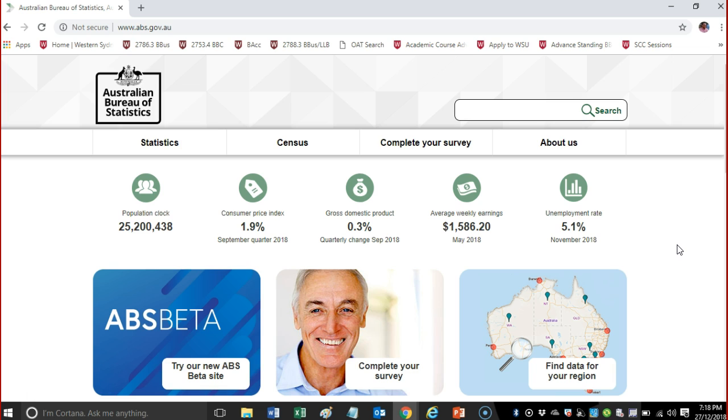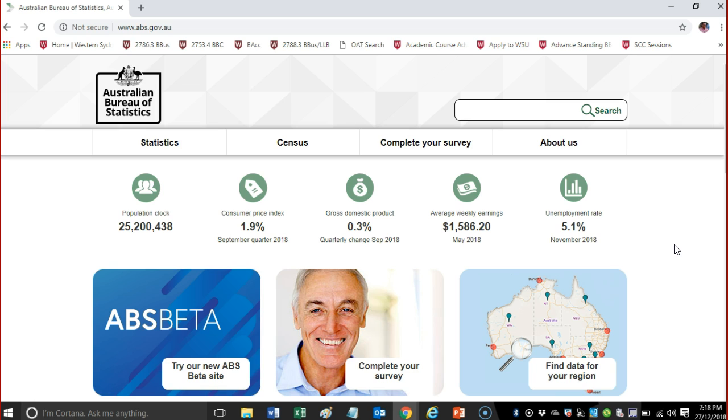But for now, the latest data shows that it's 5.1, meaning that of the labour force, and the labour force is composed of all those people who are employed in legal work and all those people who are actively seeking and are willing to start immediately legal work.